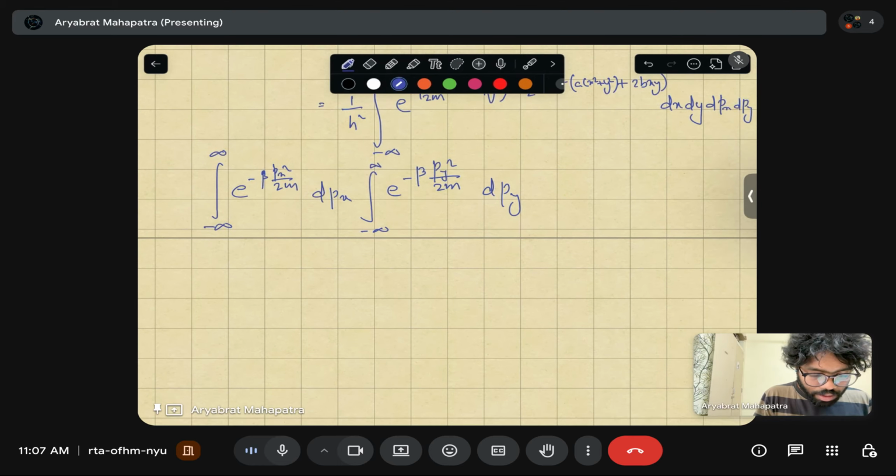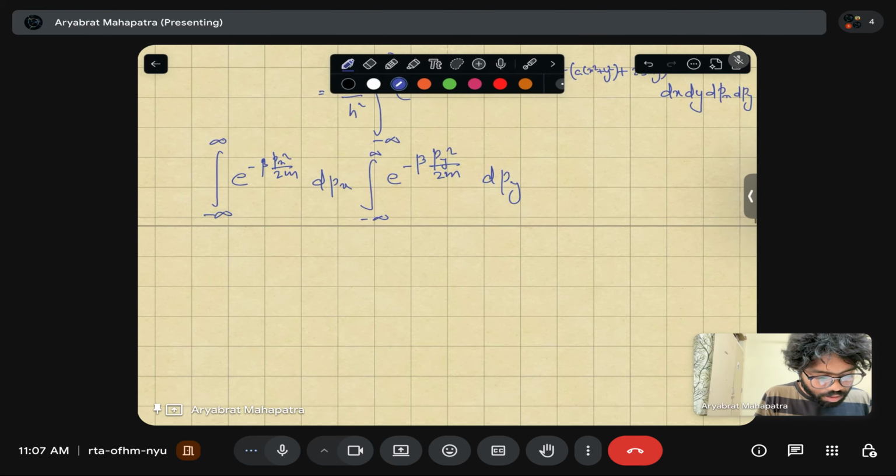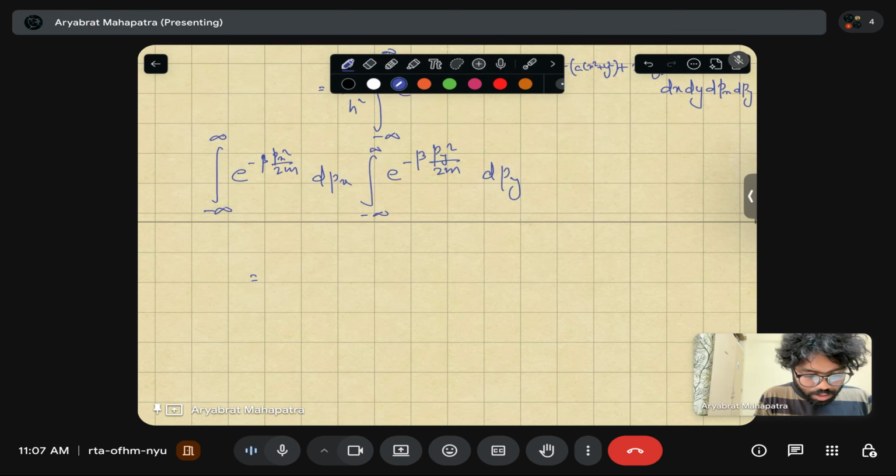So this is your standard gamma function type integral.